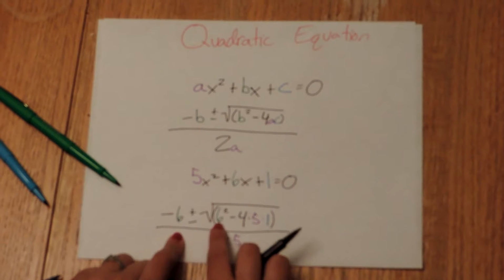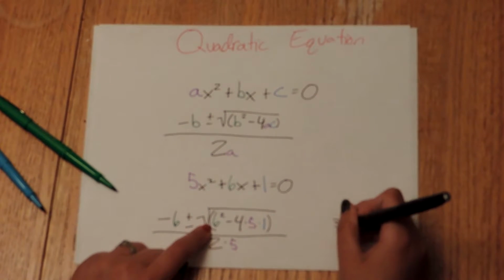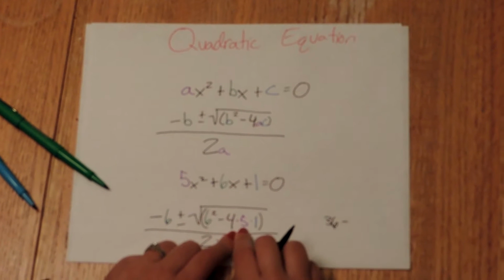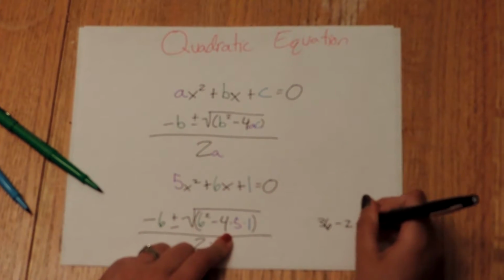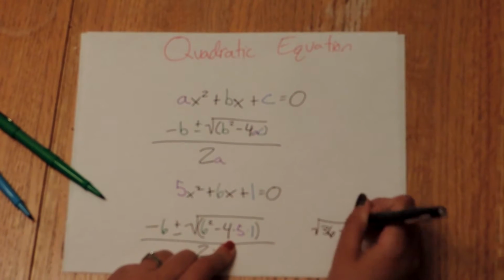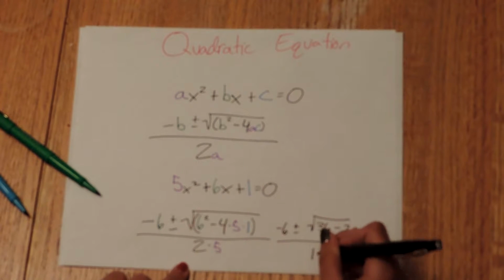So this will equal 6 squared is 36 minus 4 times 5 is 20, 20 times 1 is 20. Negative 6 plus or minus, 2 times 5 is 10.